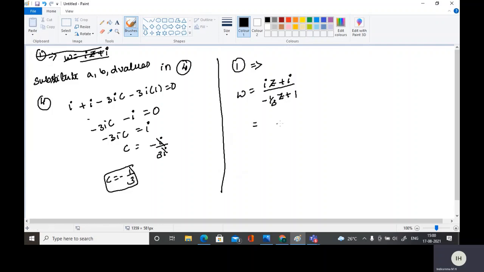Take 3 as LCM in the denominator. So w is equal to (iz plus i) divided by (minus z plus 3) by 3. The denominator of the denominator is multiplied to the numerator. So 3, take i common, (z plus 1) by (minus z plus 3). So this is what we have.